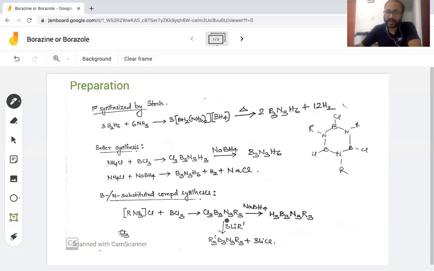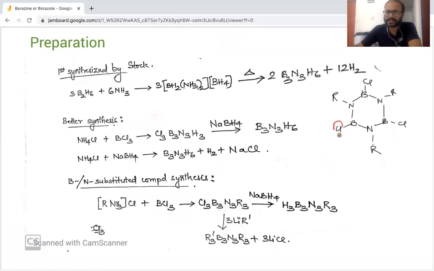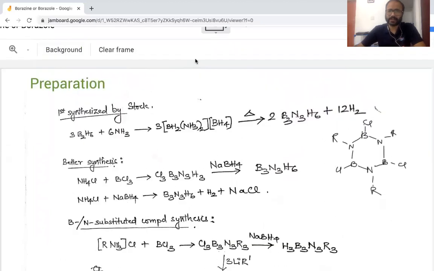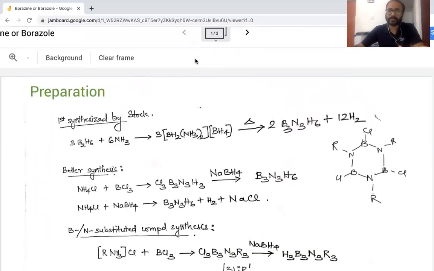When you reduce it using NaBH4, all the Cl will be replaced by hydrogen, and you get this particular compound. However, if you treat it with a different kind of organometallic reagent, all the Cl would be substituted with the other kind of Grignard reagents. So this is about the preparation of the Borazine molecule.